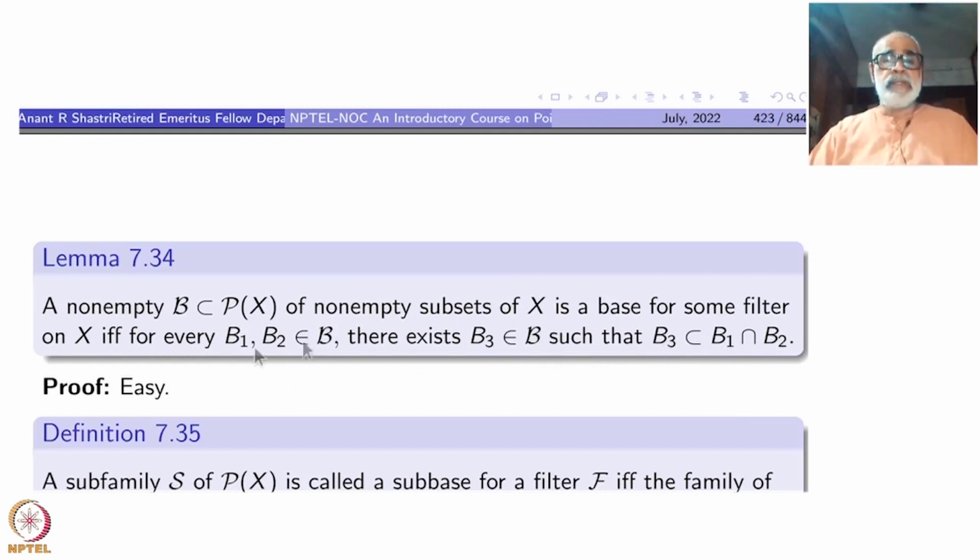So this is very easy to prove by induction. So a non-empty family B of non-empty subsets of X is a base for some filter if and only if for B1, B2 belonging to B, there exists a B3 belonging to B such that B3 is contained in B1 intersection B2. So this is similar to that one, there is no problem with this.